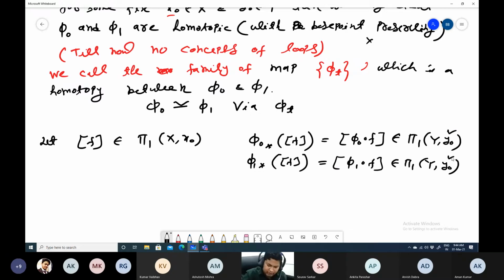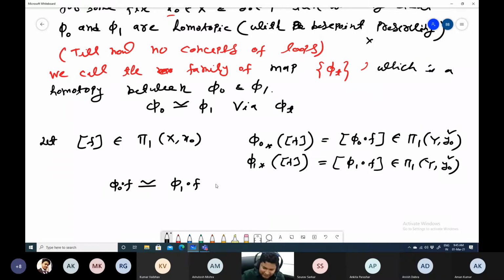Okay. Now can you tell me that phi 0 composed with f is homotopic to phi 1 composed with f? Can you say that? And can you give me one path homotopy between them? Phi t composed with f.